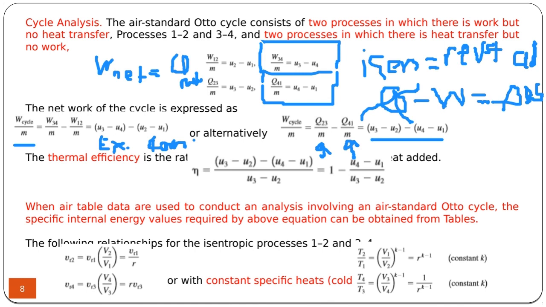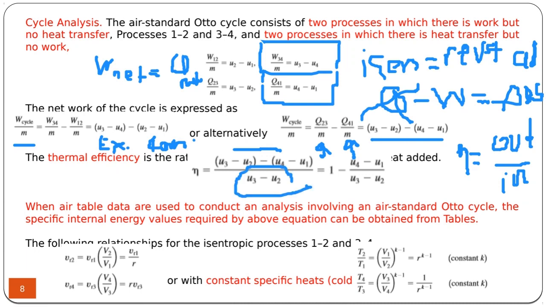By the definition of efficiency, efficiency is always output divided by input. And output here is the net work, input is the heat provided to the system. So if you use the net work here, this is W net divided by Q in, you find the efficiency as 1 minus U4 minus U1 divided by U3 minus U2.